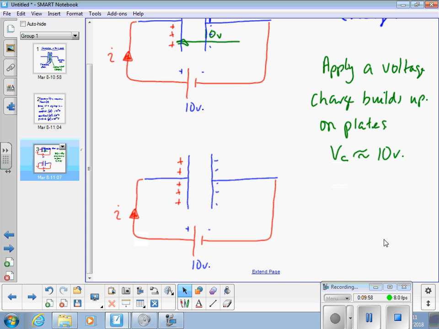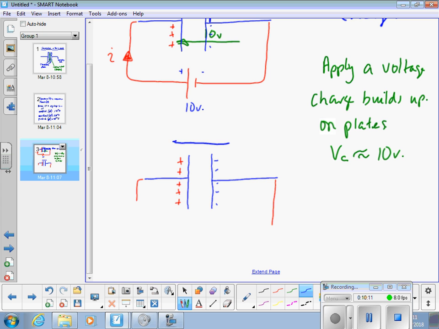If we then take that source away once the capacitor is charged up, we've still got 10 volts across there. So storing that charge.